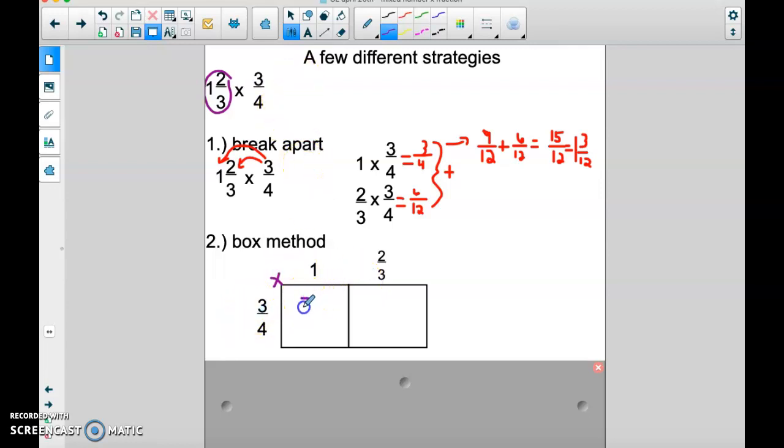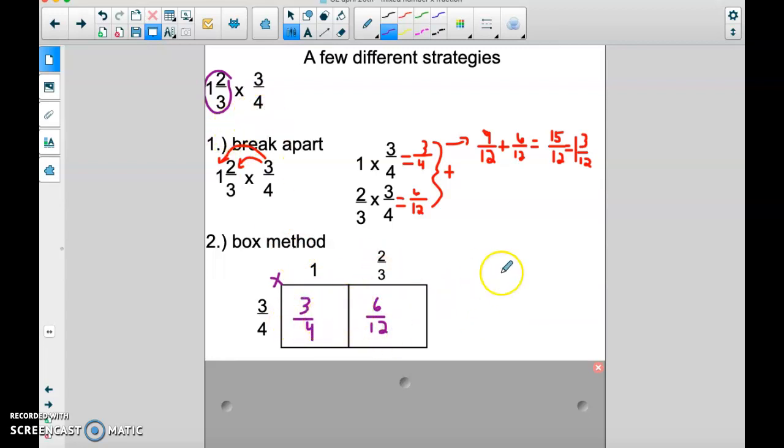So then we get 3/4, we get 6/12, right? And this is super similar to this break apart strategy. The thing about if you like doing something like this, getting used to the box strategy now, it'll help you out a lot when we get to a mixed number times a mixed number. Okay?